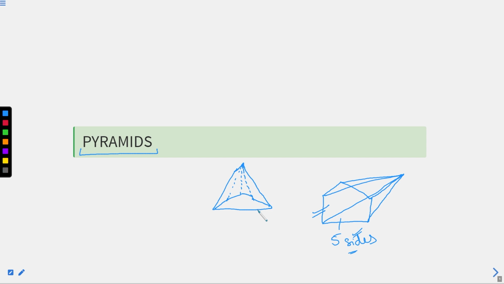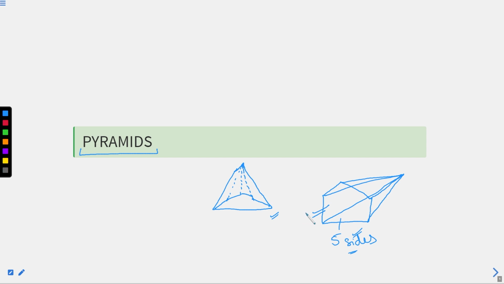Now the question arises, how does this pyramid play an important role when it comes to the reasoning part? What kind of questions are we going to get when we are dealing with pyramids? So students, in this chapter we are going to deal with multiple questions based on the shape of this pyramid.